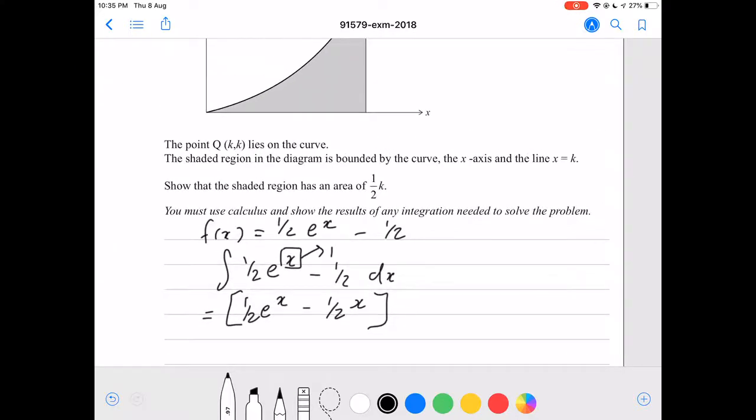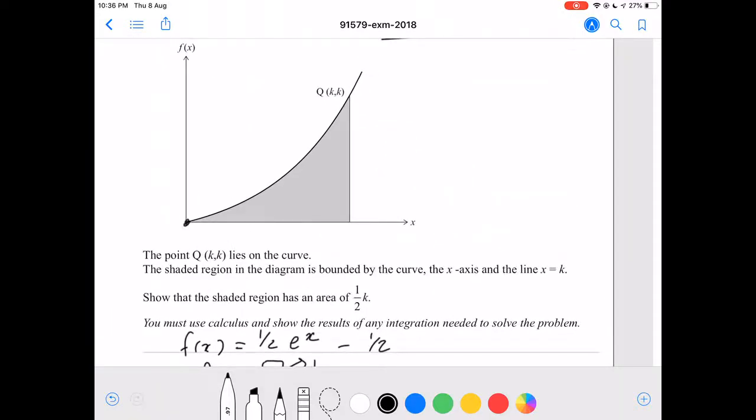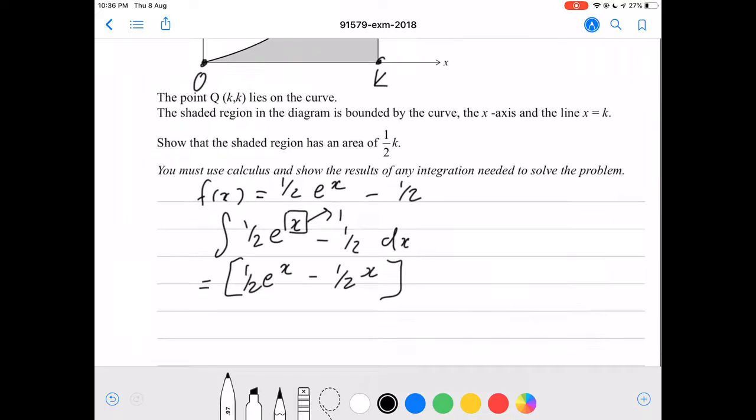So the point (k, k) lies on the curve. Show that the shaded region has an area of 1/2 of k. Alright, so you see this point starts at 0 and this point ends at k. So therefore, 1/2 of e to the power of x minus 1/2 of x, between k and 0, should give you your answer.